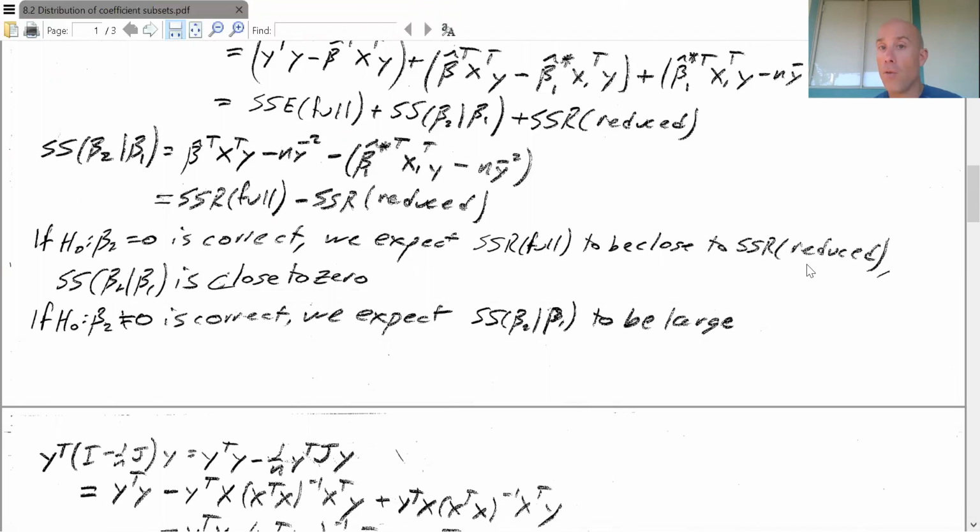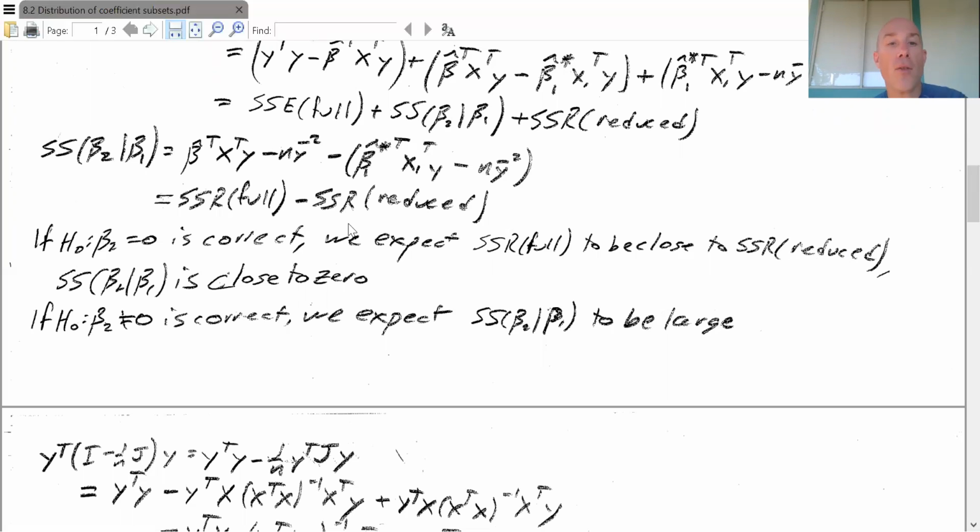There will be a difference. No matter how you cut it, you can bank on it that in real data the sum of squares regression full will be larger than the sum of squares regression reduced, but if I'm in this situation, they're going to be close to each other.